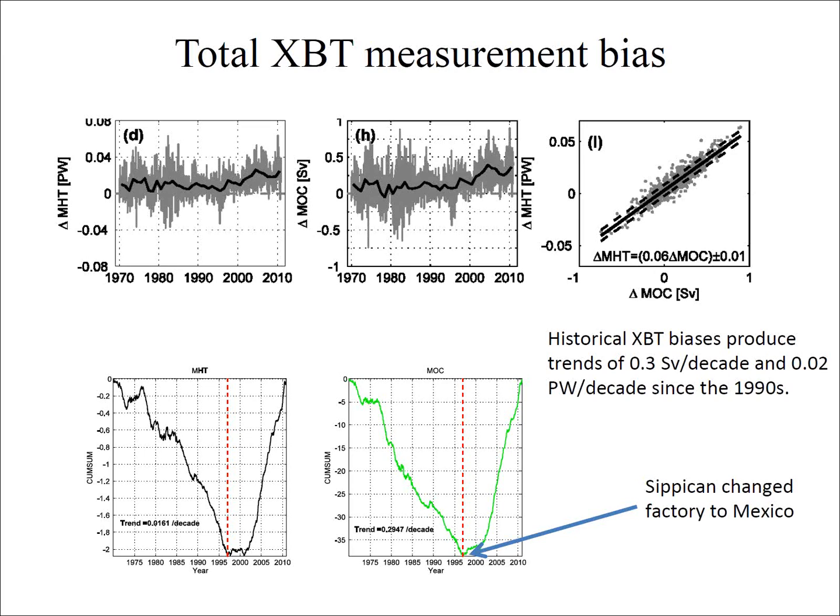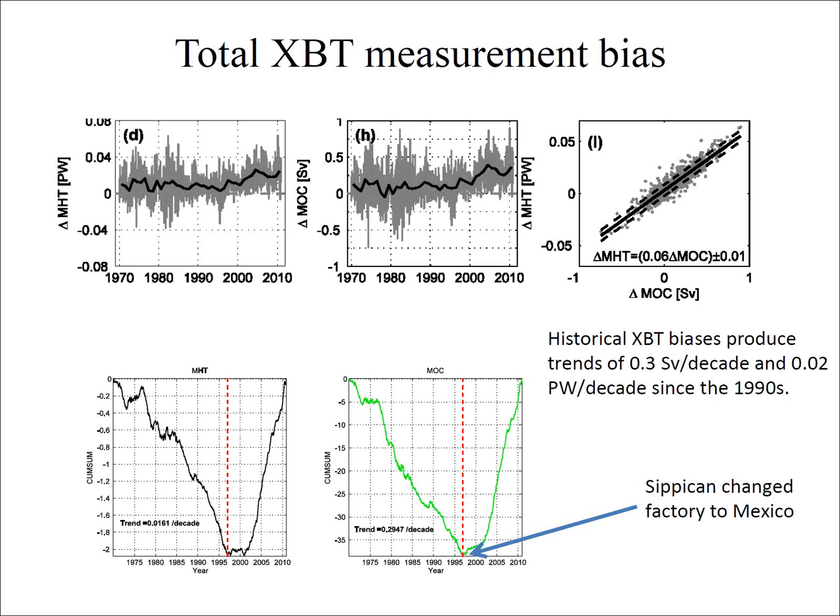So one method to filter this variability and to see how it changes over time is to just apply the cumulative sum of these time series here, and we see how it varies over time. And we have a peak down here, exactly in 96, 97, exactly when Sippican changed the factory to Mexico and changed some of the coating in the XBT. So we have a climate signal from Mexico.